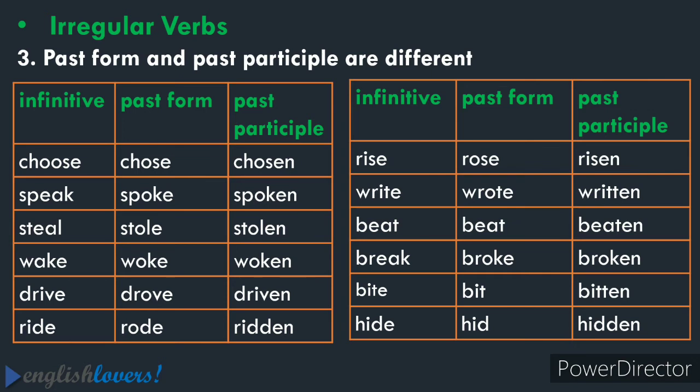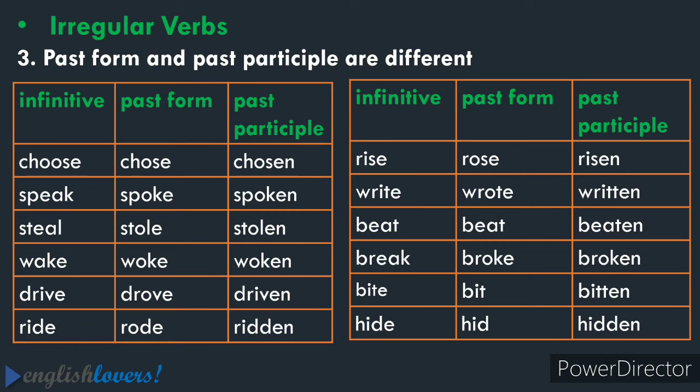Beat, beat, beaten. What is beat? Beat has different meanings, but here in the sense of a verb there are two meanings that I want to highlight. One is beat means defeat somebody, or beat means hit somebody many times, especially very hard hitting, that is called beating also. Beat, beat, beaten.